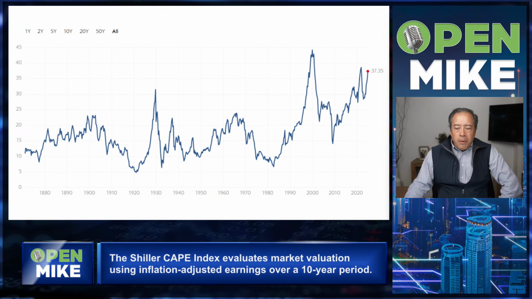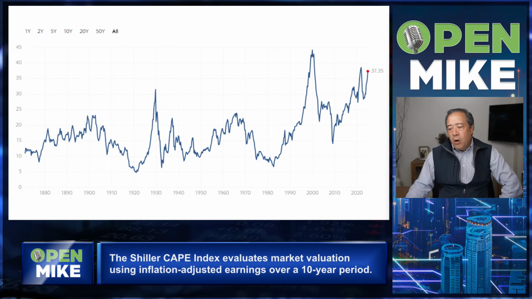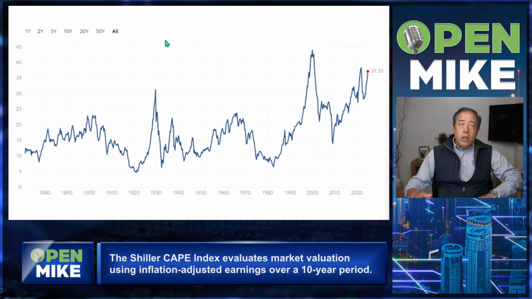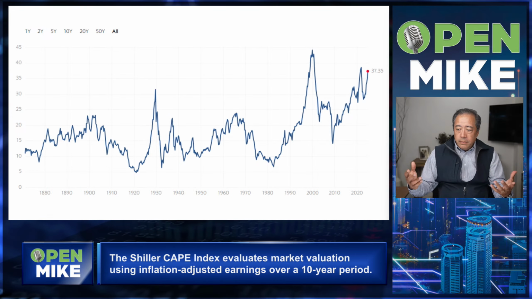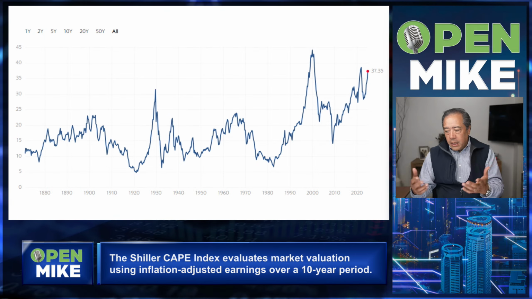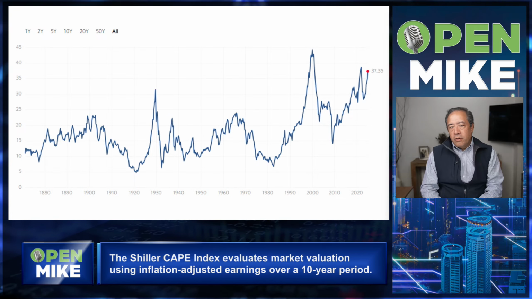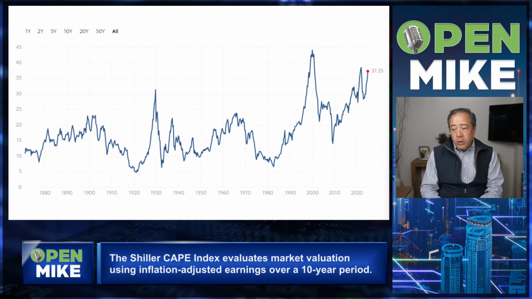Now, a couple of things to note as we look at this chart. The first is that if we look at this 150-plus-year history, it's fairly clear that we are above average. And in fact, if we include 2021 as part of the current market cycle, which I think it would be reasonable to do, so basically the post-pandemic era, there was only one period in this 150-plus-year history where the CAPE ratio was higher.